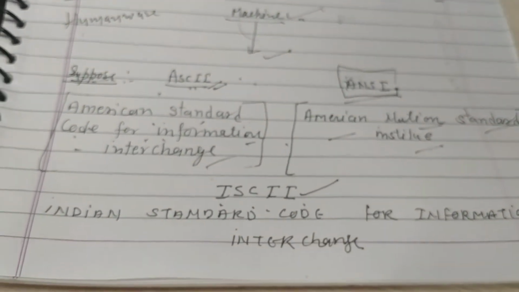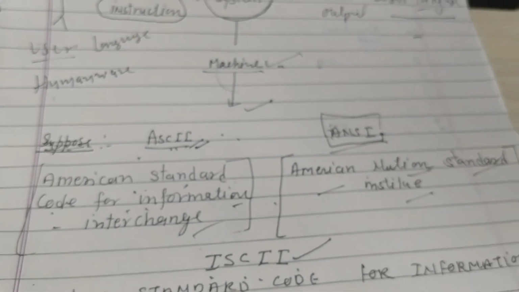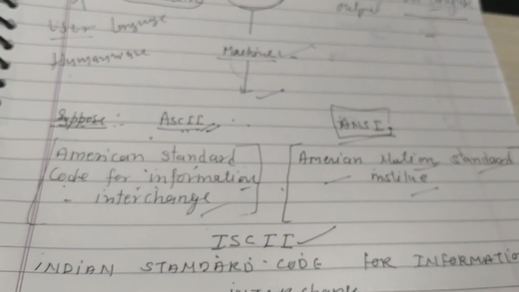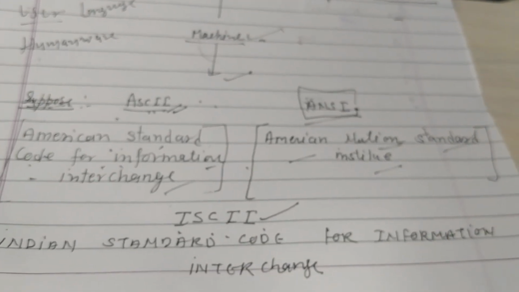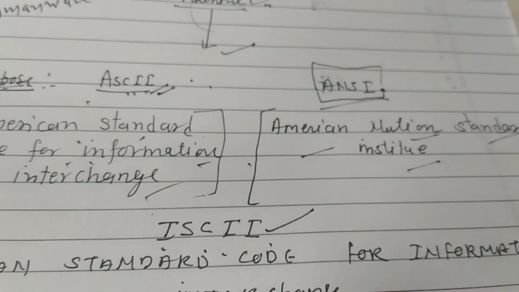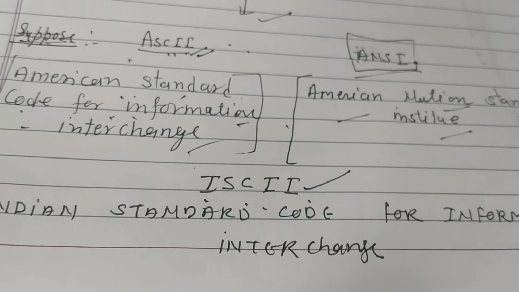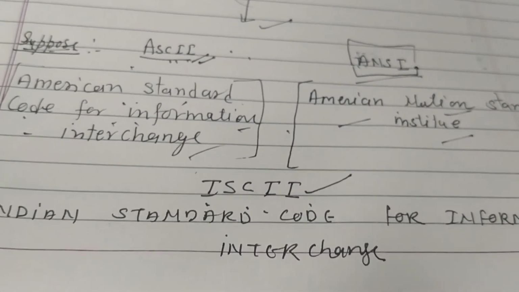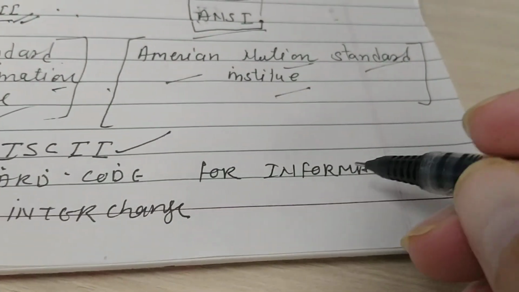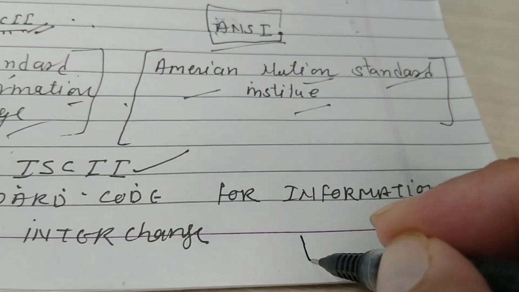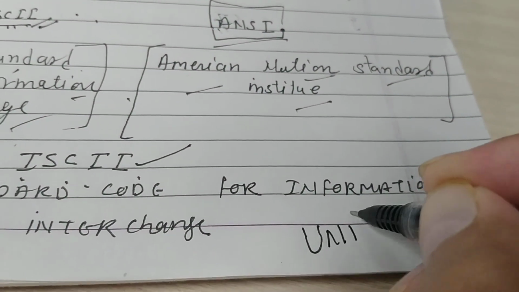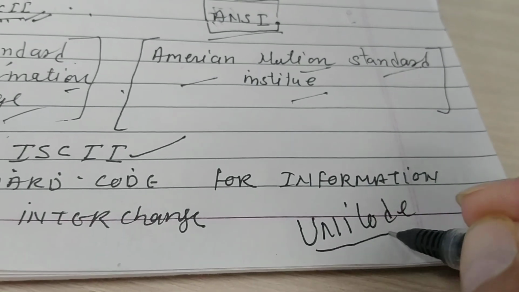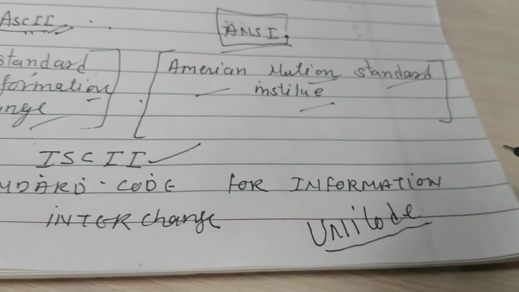Then what is the requirement to change the information like that? In India there are 22 languages in our constitution, and everybody wants to convert their instructions into their own language. For that, in today's life we are using Unicode. Which code? Unicode, and Unicode is called universal code.